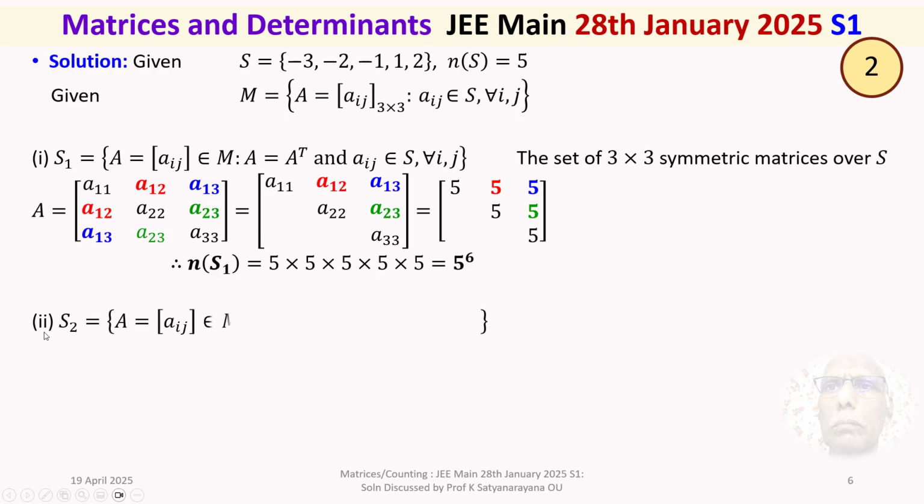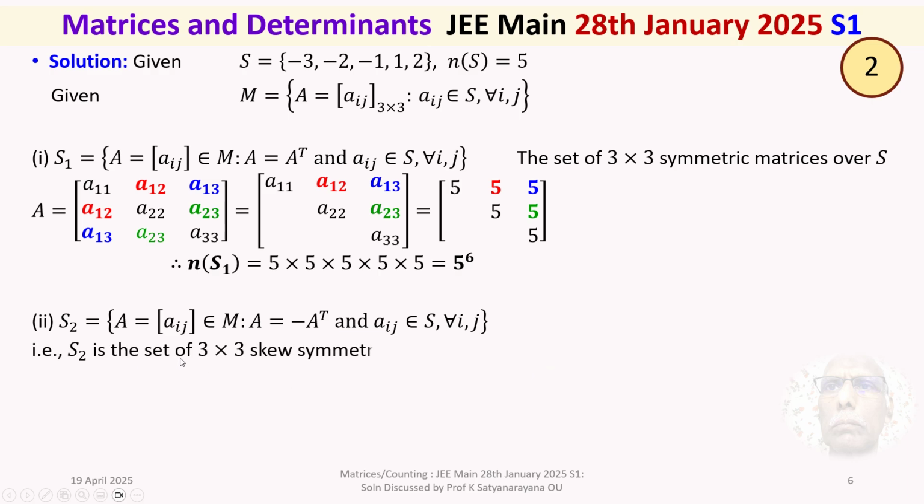Let's now take the second case. S2 is the set of all those matrices A such that A is equal to minus A transpose. That means S2 is the set of 3 by 3 skew-symmetric matrices over S. For a skew-symmetric matrix, Aij is equal to minus Aji. So what are the entries on the diagonal?